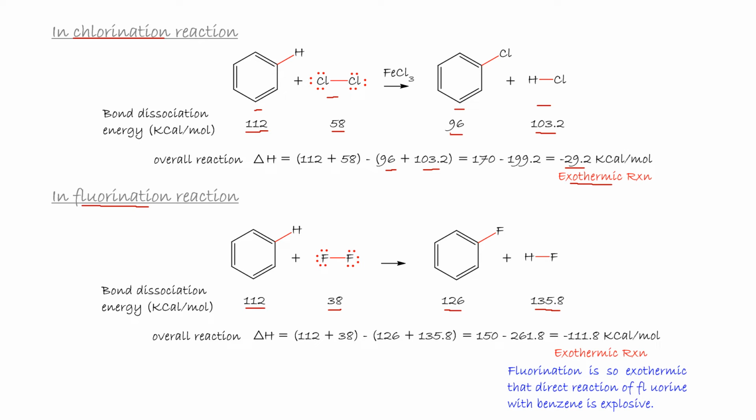So the total difference between the starting material and the product is exothermic, 111.8 kilocalories per mole. So as we go up, the reaction is much more exothermic. Direct fluorination is exothermic, and the reaction of fluorine with benzene is explosive.